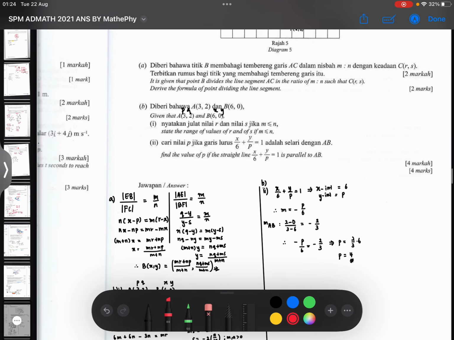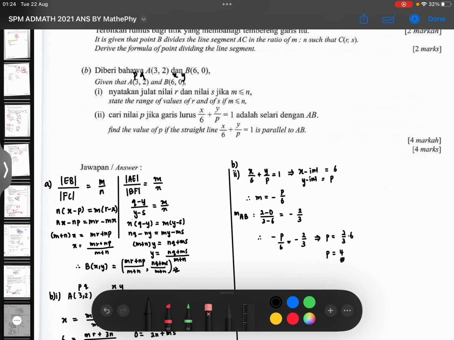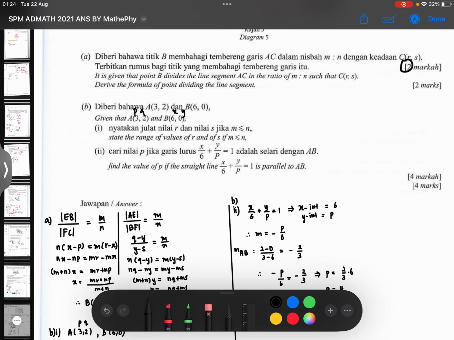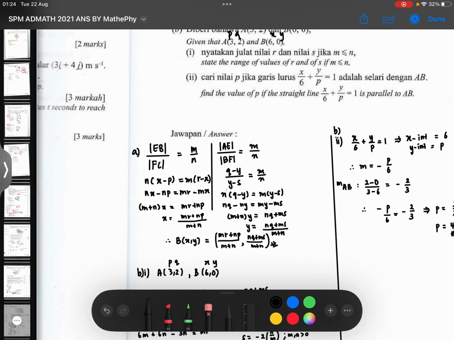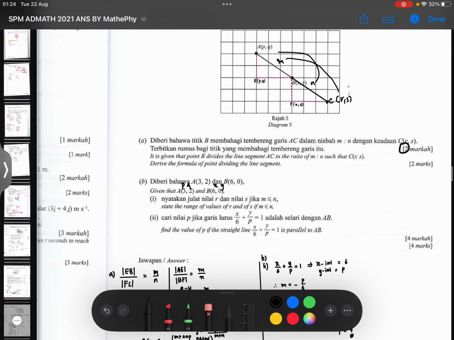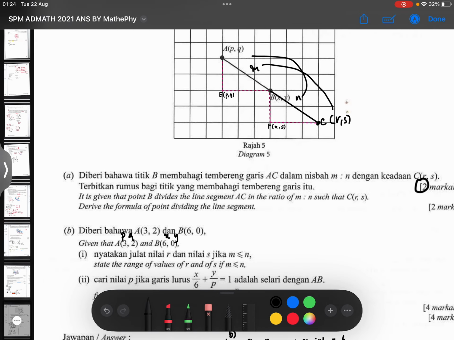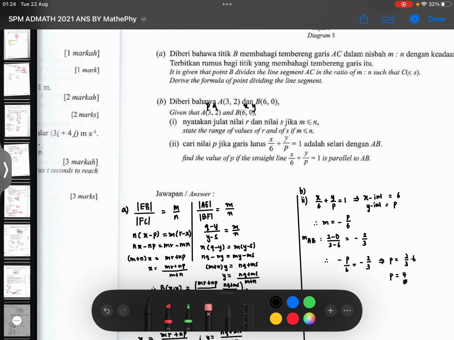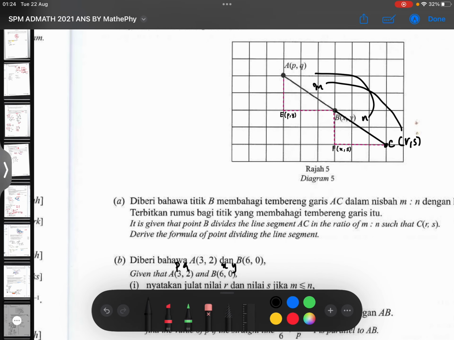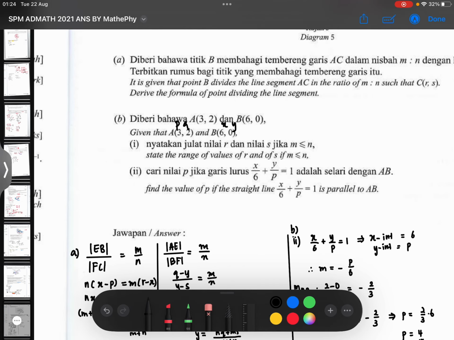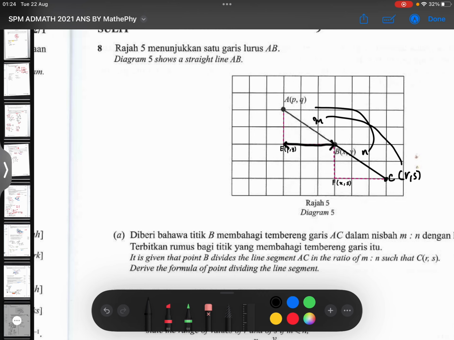The mark given is only 2 marks, and this is not the hardest way, but it is quite lengthy, but it's okay. How I did it is basically simple. First I consider EB, the horizontal distance, EB over FC.